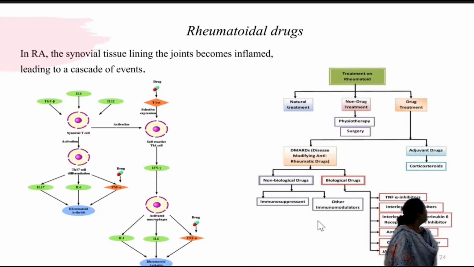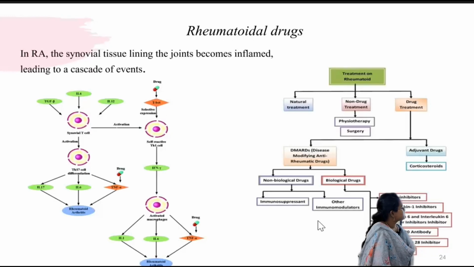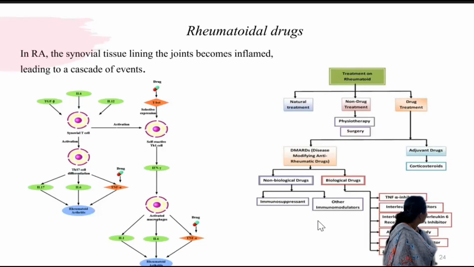And this is the treatment used. Generally, drug treatments are DMARDs, disease modifying anti-rheumatic drugs. Here, biological drugs are TNF alpha inhibitors, interleukin 1 and interleukin 6 inhibitors, and JAK inhibitors. Adjuvant drugs are corticosteroids. Those are used on T beta cells.